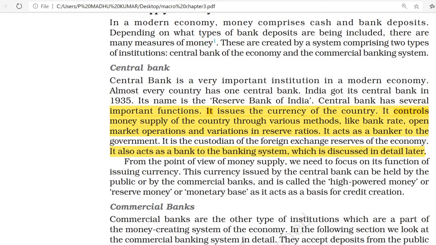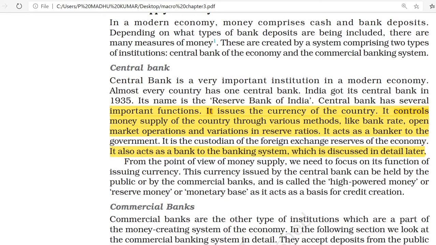In the basic functions, the first is the monopoly of note issue. Under the section of the RBI Act, currency notes like rupees 10, 20, 50, 100, 500, 1000 (1000 is not there now), and 2000 are issued by the RBI.